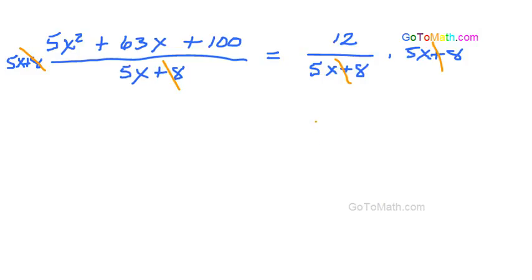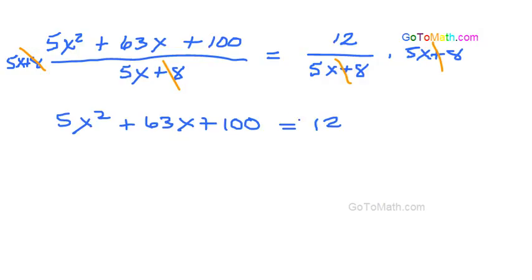Yeah, that's legal. You can do that. So then we're left with 5x squared plus 63x plus 100 is equal to 12.